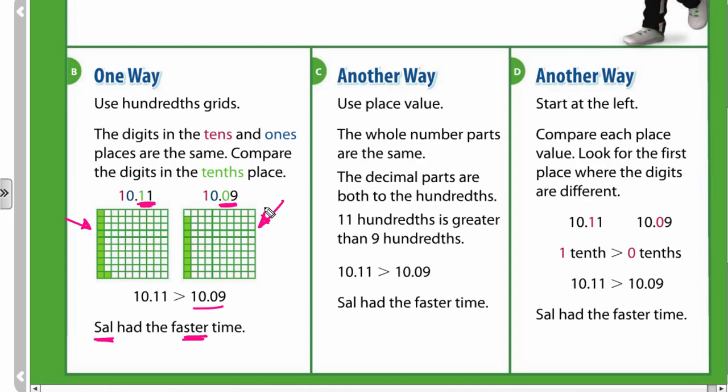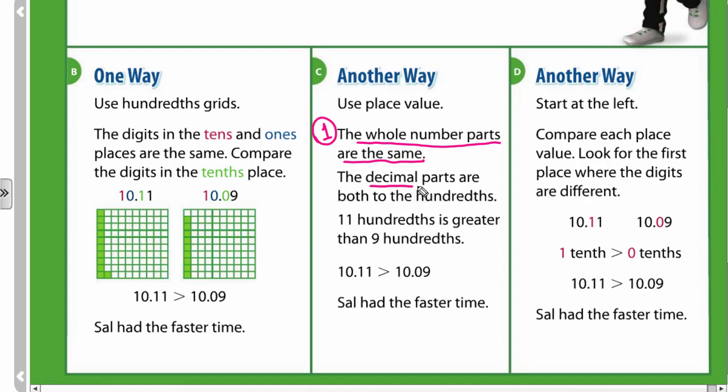Okay, we have another way to do this, and as you can see, every time we start with the whole number parts. So please, my heroes, I will erase everything here, and please underline this. Use place value. The whole number parts are the same, so this is the first thing that you should start with. Start by checking the whole numbers. After the whole numbers, you can check the decimal parts.